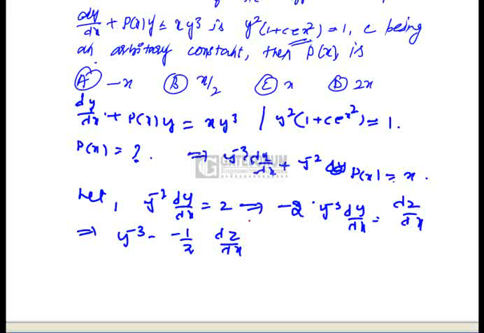Now, let us substitute these values of y power minus 2 and y power minus 3 in the differential equation. So, it will be y power minus 3 is nothing but minus 1 by 2 into dz by dx, and the value of p of x will be as it is, and y power minus 2 is nothing but z is equal to some x.